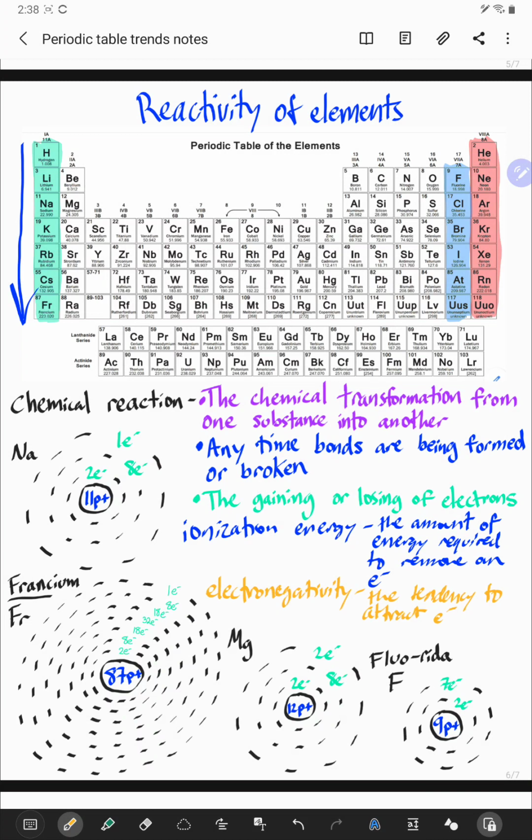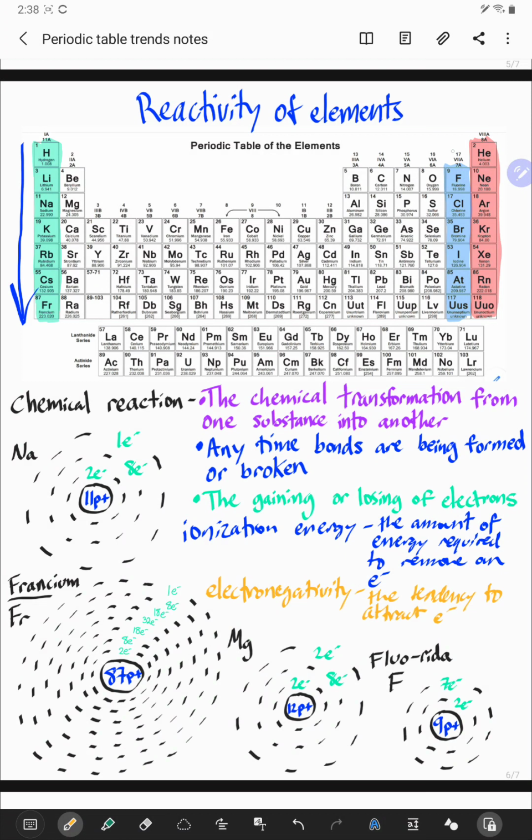So think back to our periodic table trends for the trend for electronegativity, and which of these elements has the highest electronegativity? Well, electronegativity is going to increase as we go up and to the right. So for these elements, it's going to increase as we go up.